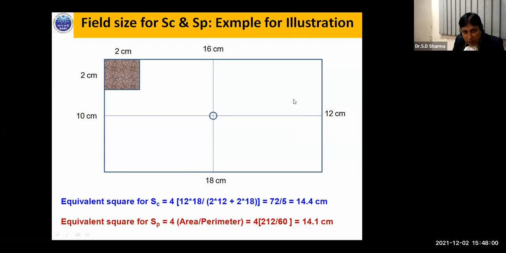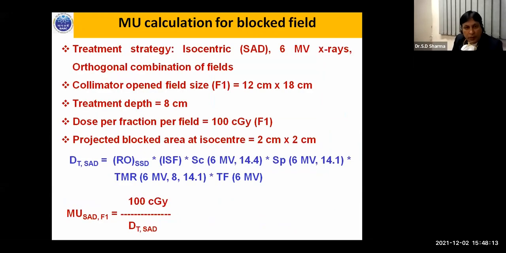So finally, you will get the value of 14.1 centimeter. So what I mean to say, the phantom scatter factor depends on the field projected at the patient rather than the field opened by the collimator system.